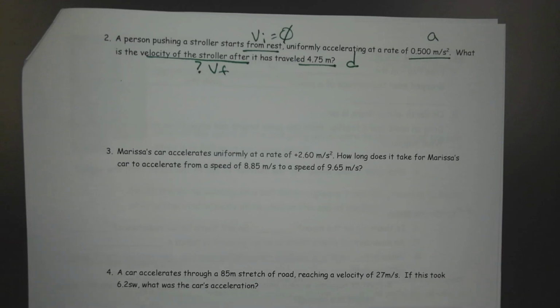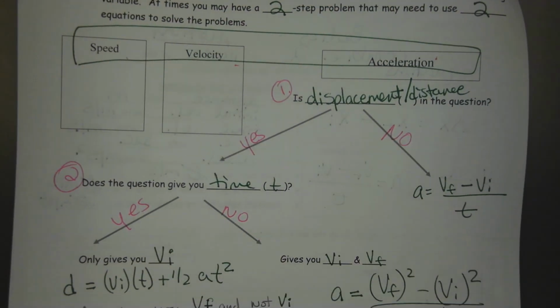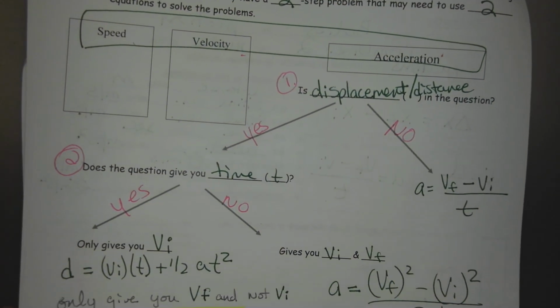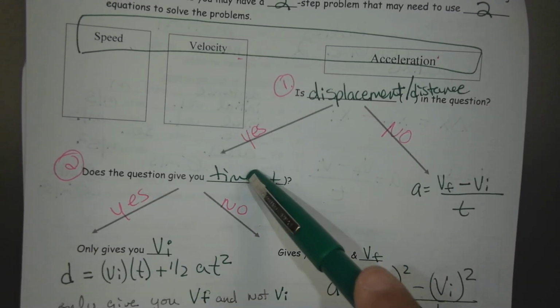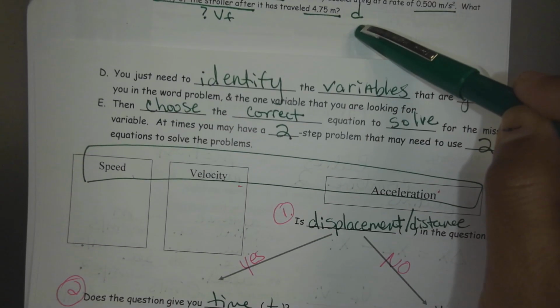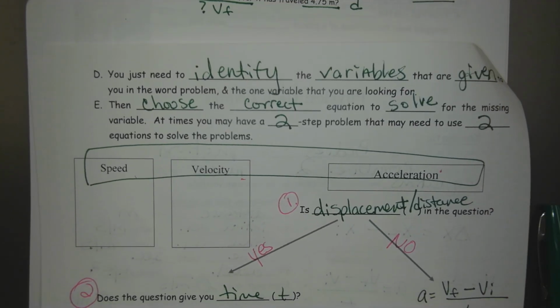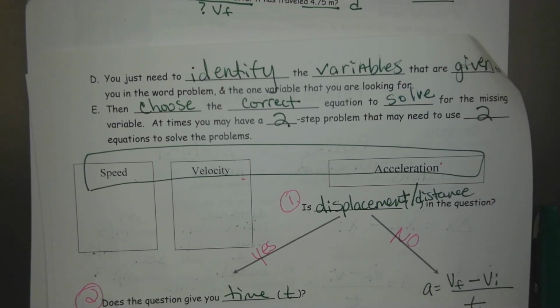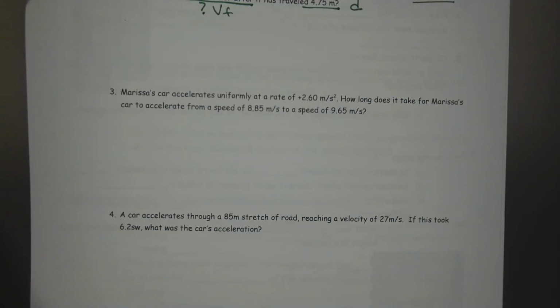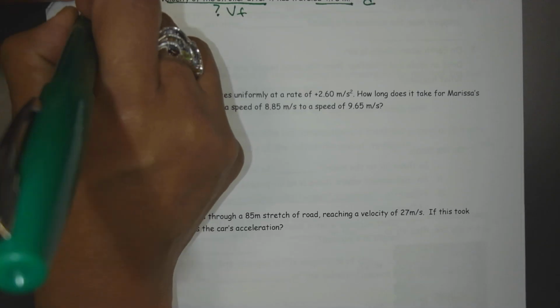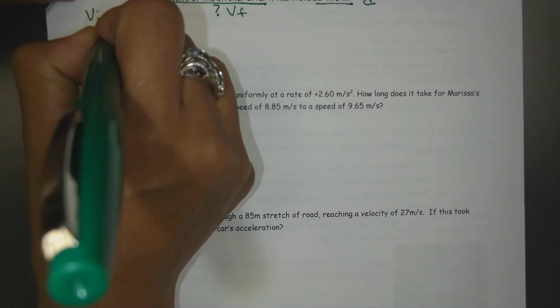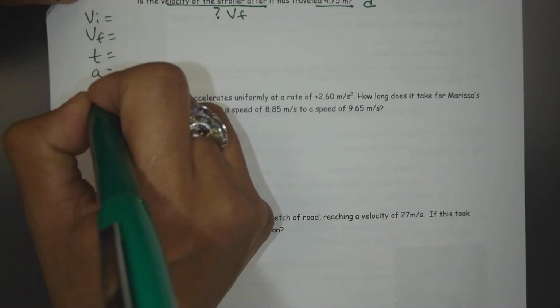What do I do? I go to my flow chart. Was distance ever used, talked about, or discussed? I see Tristan shaking his head. Yes. Was time ever talked about, discussed, or given? No. Now, I apologize because I should have stopped and done something first. To help us with our kinematics, I like to always write out all of my variables on the side.